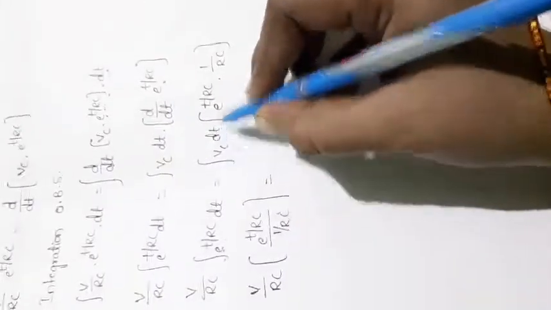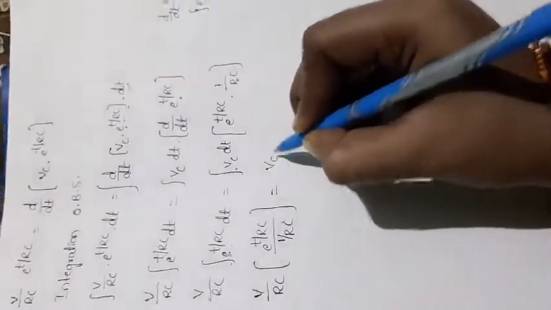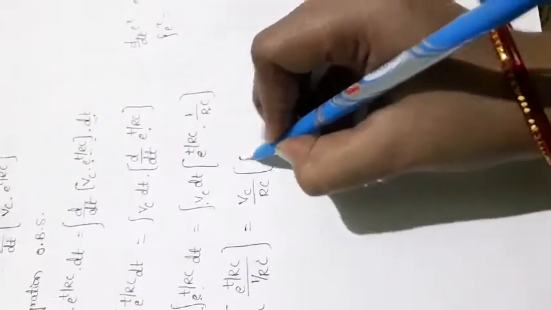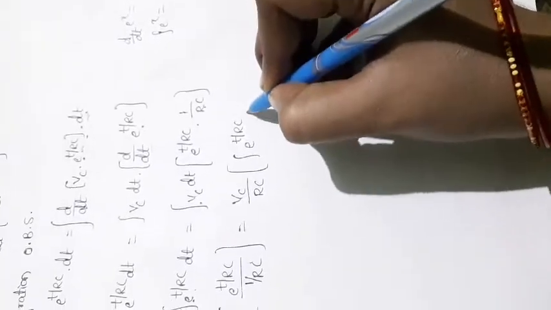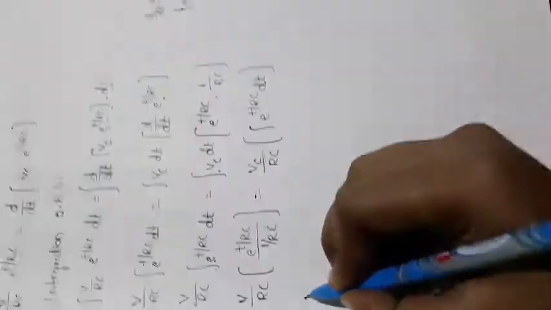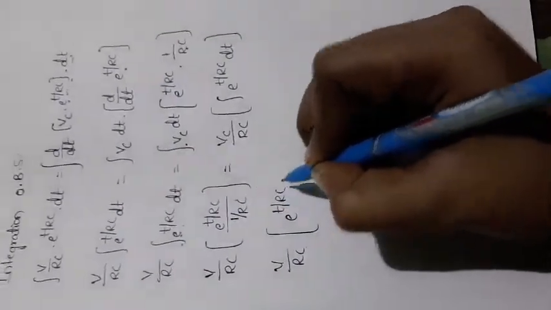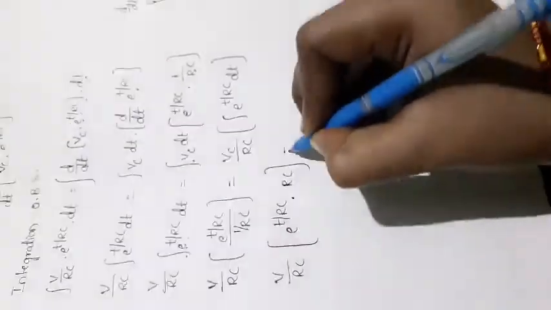That is equal to, now we'll do one thing here: 1 by Rc, and Vc is a constant. Why? Because there are no t terms here. Then apply the integration for this e power t by Rc into dt. Then V by Rc into e power t by Rc into, this 1 by Rc comes to the numerator, so we get Rc.